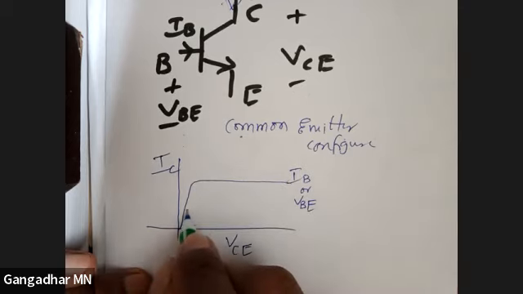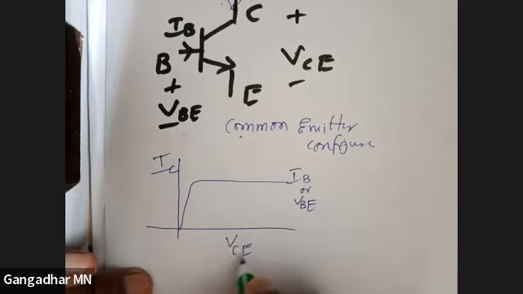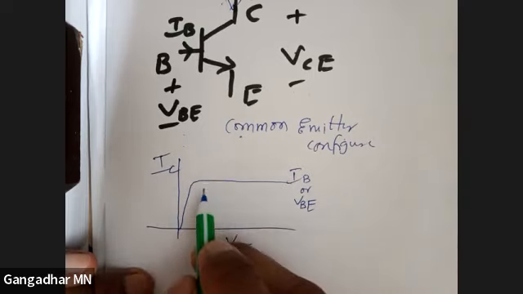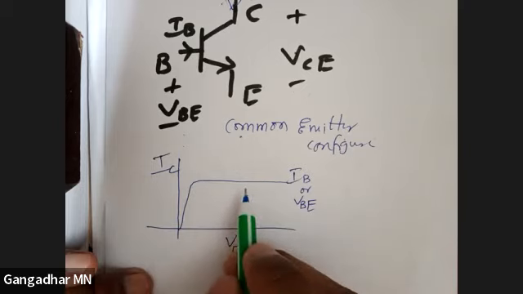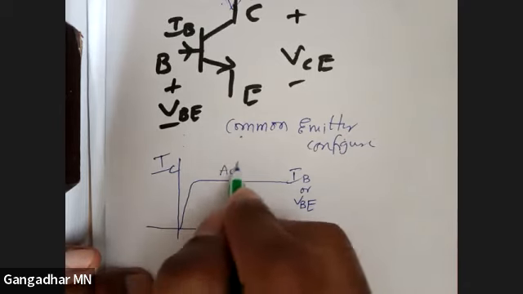If you see, initially it increases, and after some collector to emitter voltage, it is becoming constant, and this constant current region is being referred to as active region.